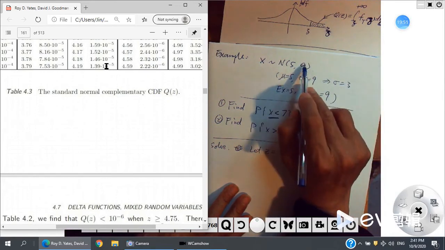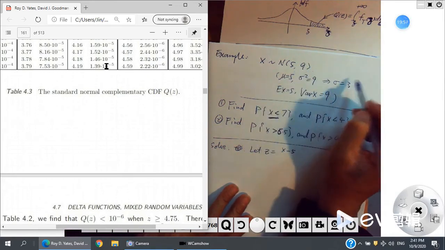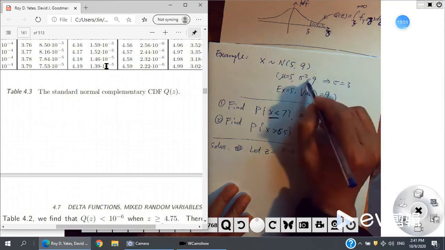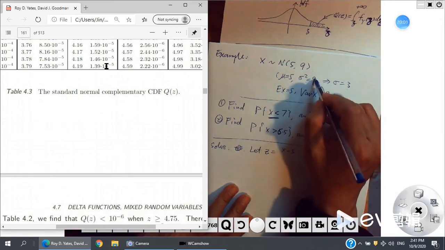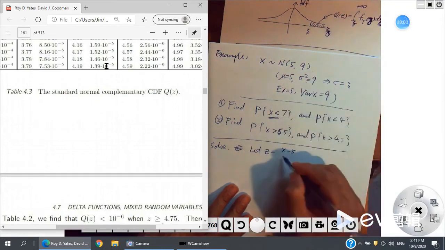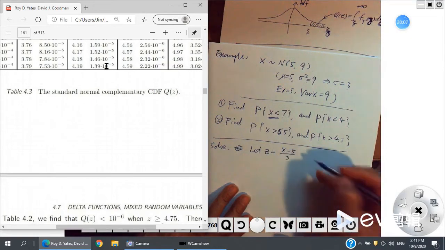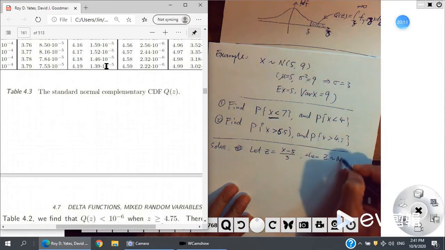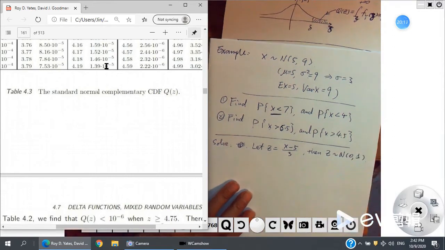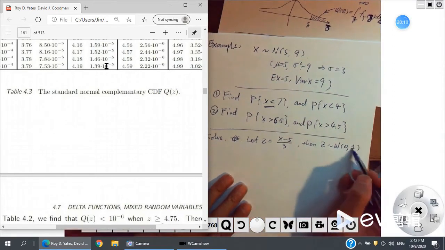You don't need the square root; I have to take the square root of 9, I get 3, and then I put 3 here. Z is X minus 5 over 3. Then Z will obey the normal distribution with mean 0 and variance 1. So for Z, we can use the table.